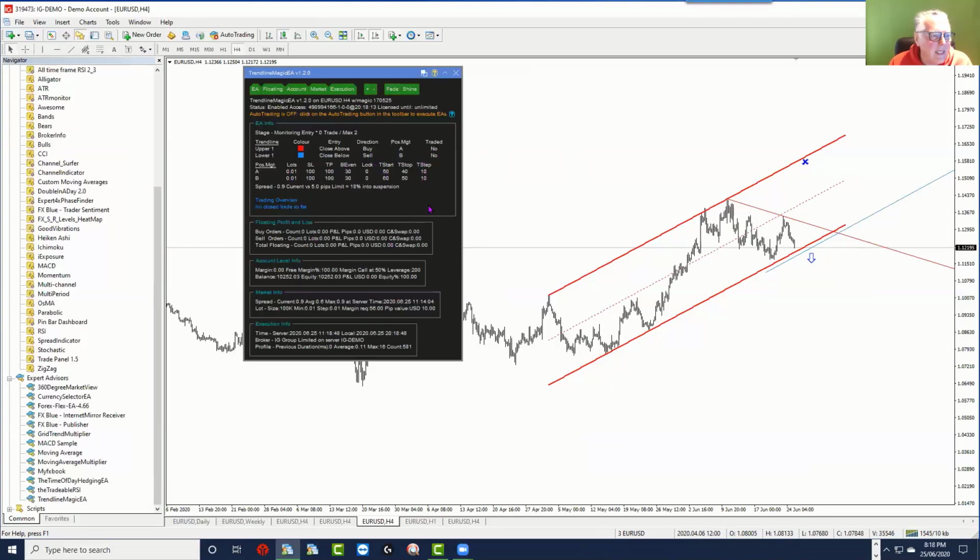I think it's pretty handy especially for channel trading, and also for trend line trading. And these lines needn't be at angles. You can use them as support and resistance lines too, on a horizontal basis.